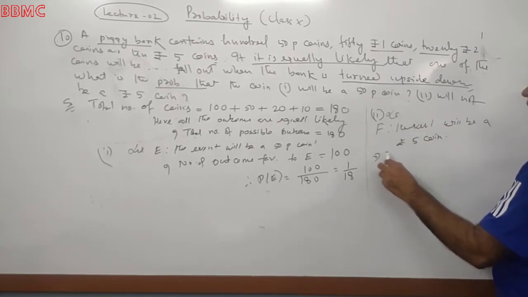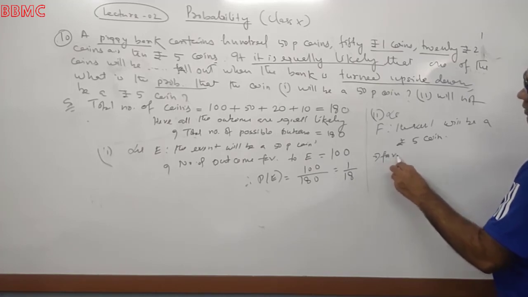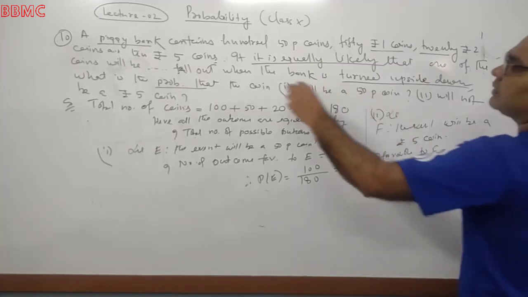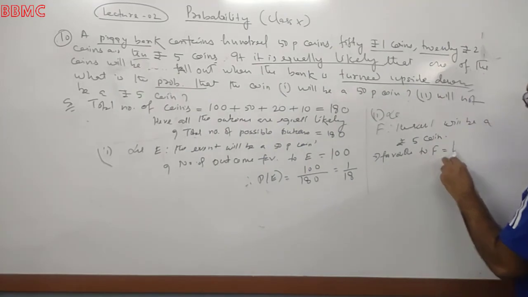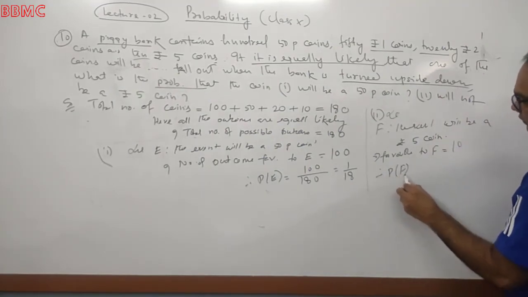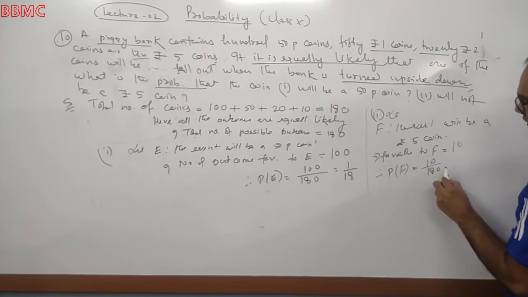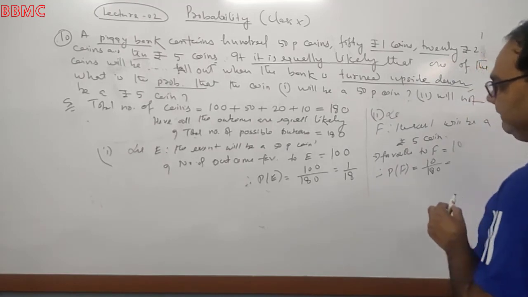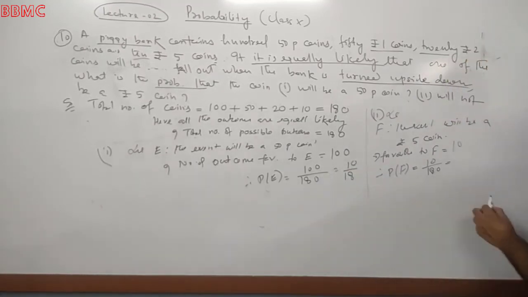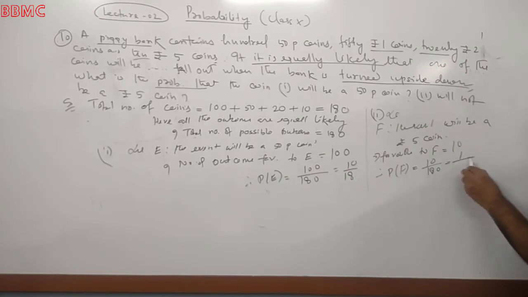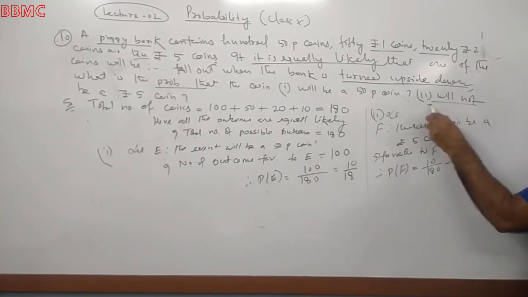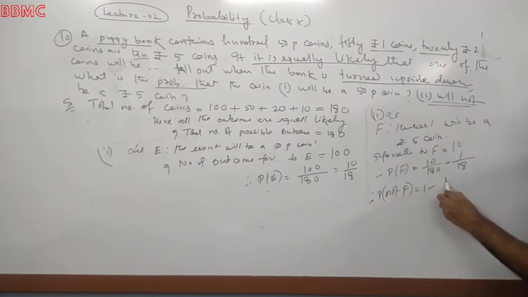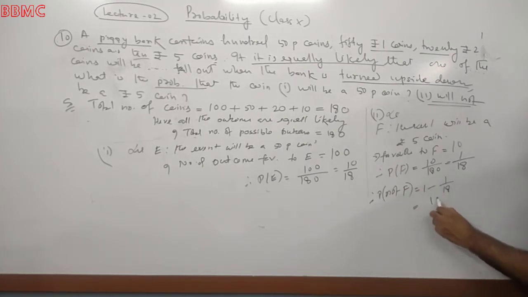Therefore, the number of outcomes favorable to F is equal to 10, the number of 5 rupee coins. Therefore, P of F is equal to 10 by 180, which is 1 by 18. Then P of not F is equal to 1 minus 1 by 18. This is the answer.